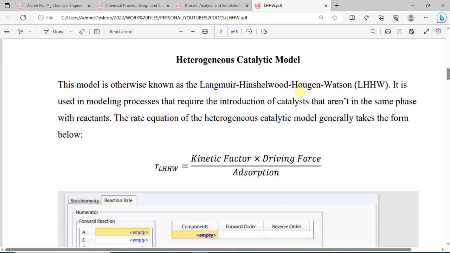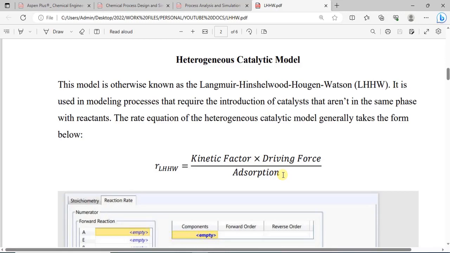The major difference is the adsorption, the denominator. This adsorption term is the major difference between this heterogeneous catalytic model and the kinetic model, right?